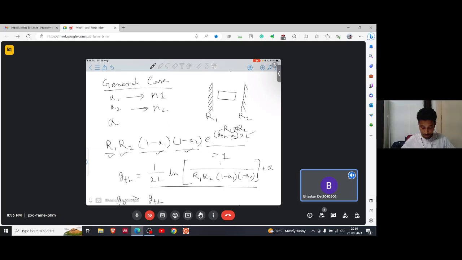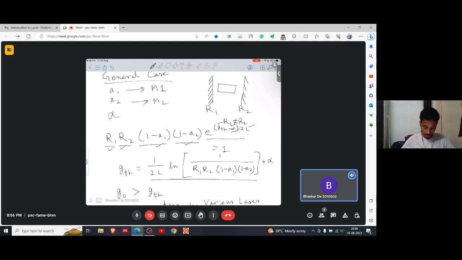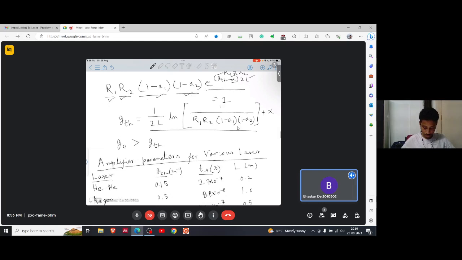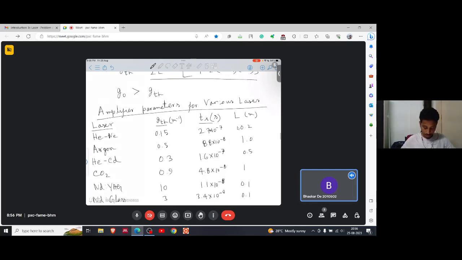There is also absorption present in the medium, that is alpha. In that case the equation changes to this big equation: r1 r2 (1 minus a1)(1 minus a2) e to the (gth minus alpha) multiplied by 12 equal to 1, and from that we get this formula.